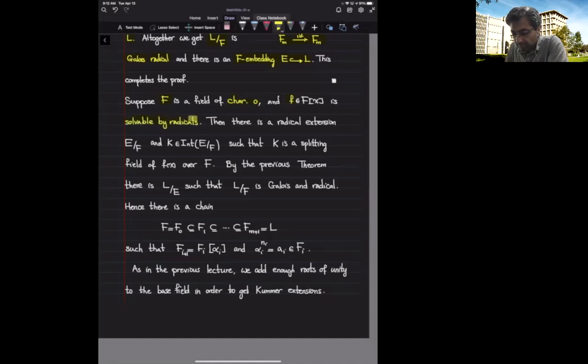This means I can find some radical extension E of the base field capital F, which contains an intermediate subfield that is a splitting field of the polynomial f over the base field capital F. That's the definition of being solvable by radicals over capital F.